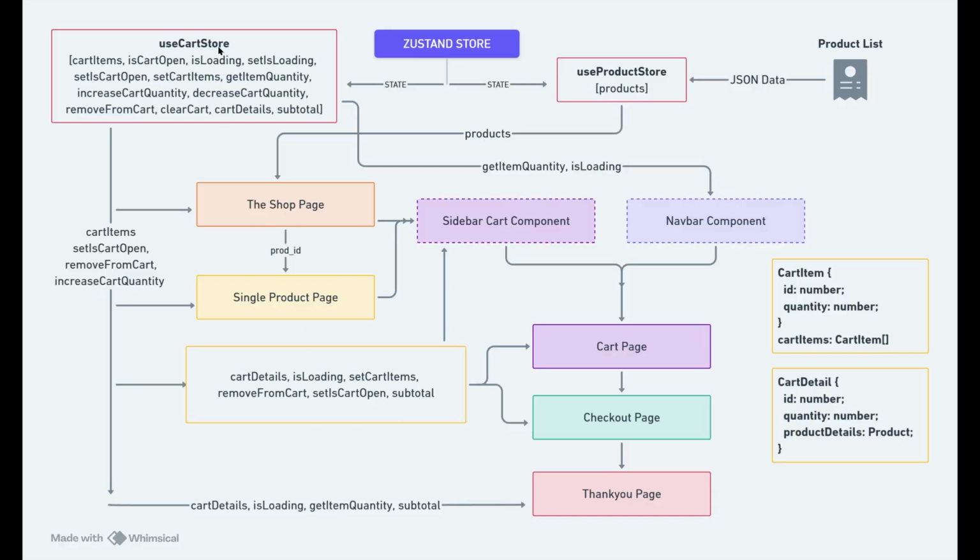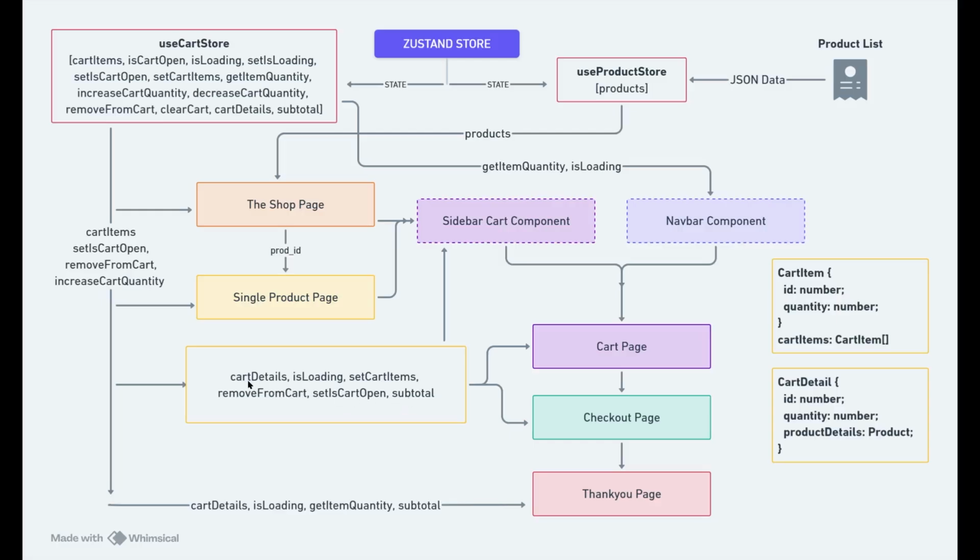The same useCartStore is supplying all these to three of our items on the WooCommerce page: the sidebar cart component, the cart page, and the checkout page. All three of them receive cartDetails, isLoading, setCartItems, removeFromCart, setIsCartOpen, and subtotal.